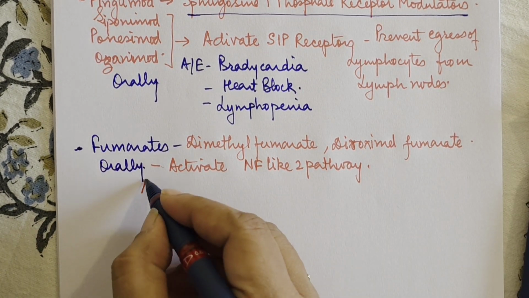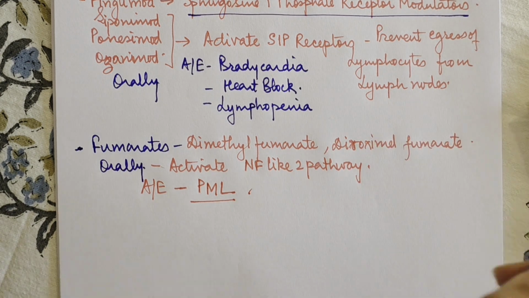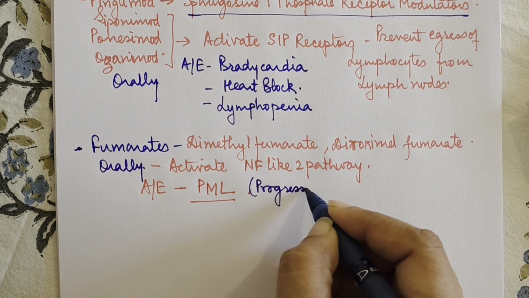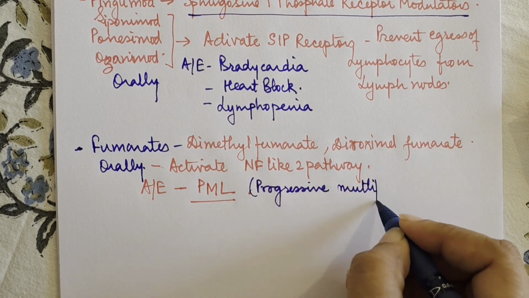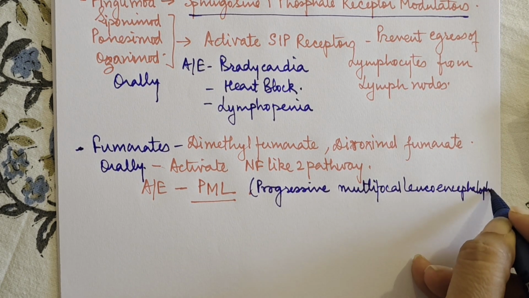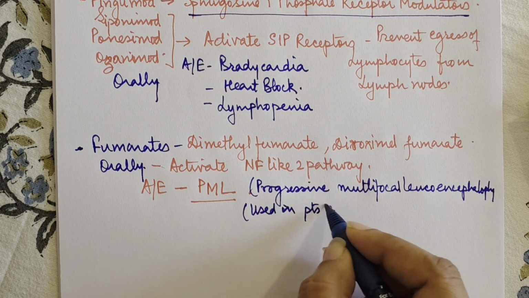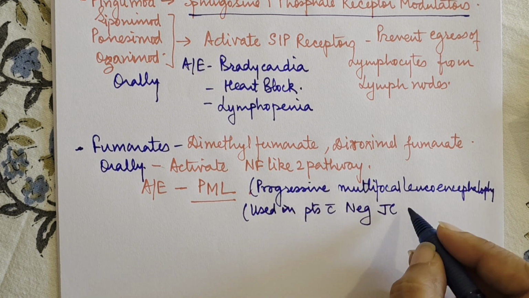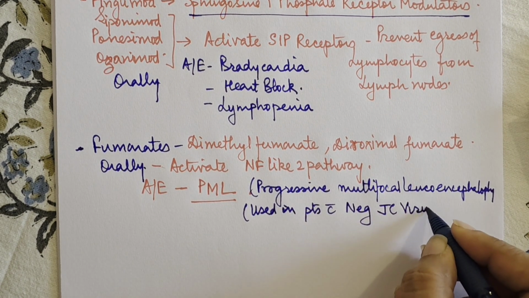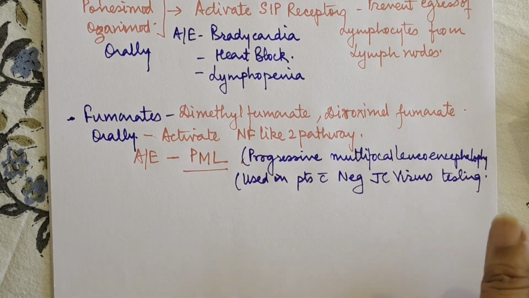Now one adverse effect with these drugs is progressive multifocal leukoencephalopathy. It is used in patients with negative JC virus testing, right? This is seen with the fumarates.